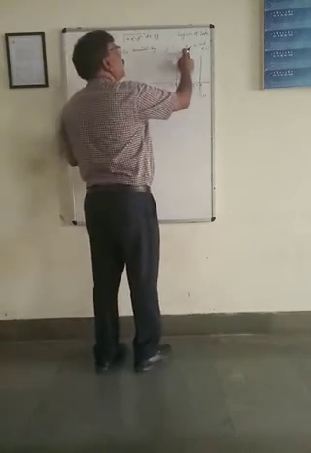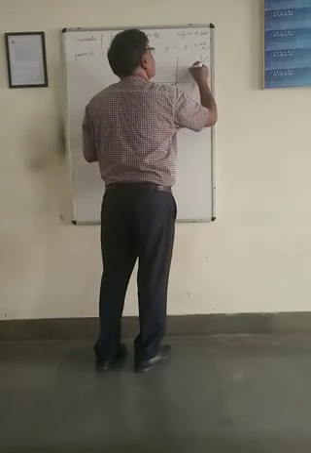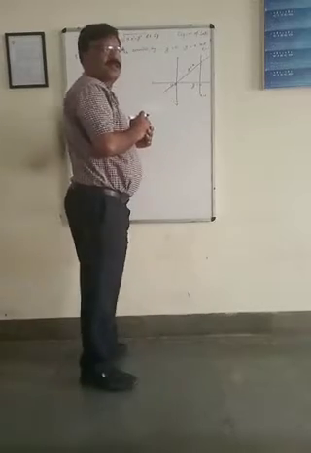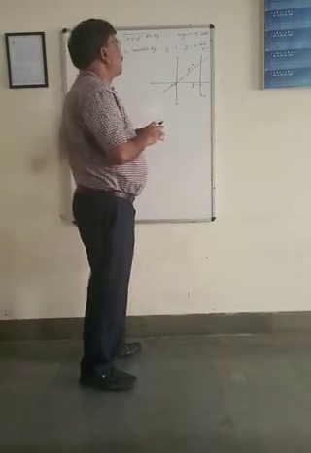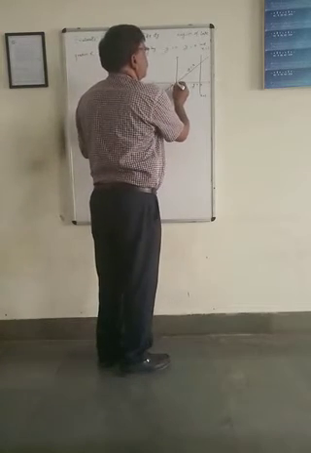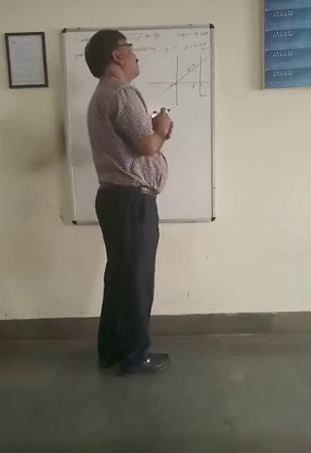Now we have to draw the line y is equal to x. This line is y is equal to x. Now we have three lines, y is equal to 0, y is equal to x, and x is equal to 1.